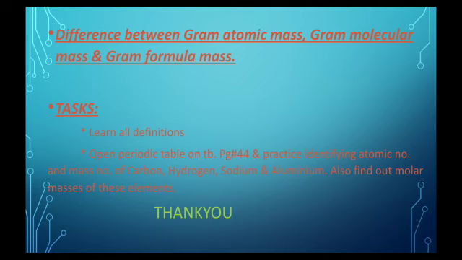So gram atomic mass contains 6.022 into 10^23 atoms of that substance. Gram molecular mass contains 6.022 into 10^23 molecules of a specific substance, and gram formula mass contains 6.022 into 10^23 formula units of that substance.